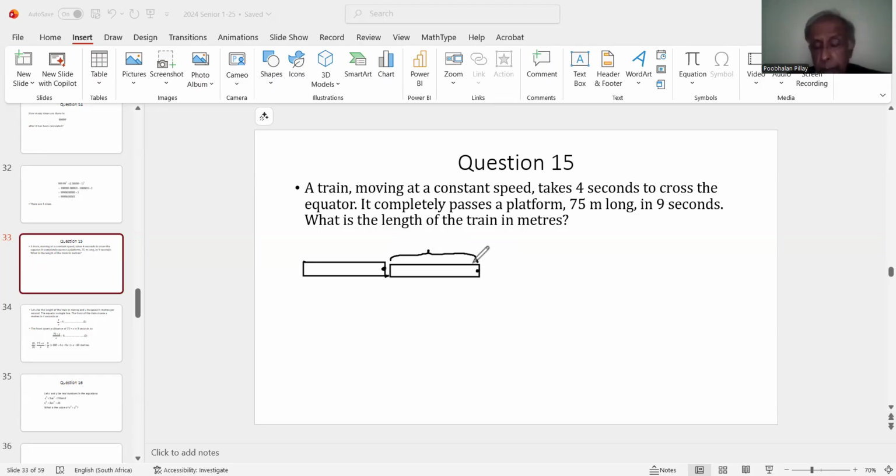Okay, so we don't know this. The question is, what is the length of the train in meters? All right, so we don't know. That is your x. X is the unknown, and we need to calculate that. So it covers this distance of x in 4 seconds.